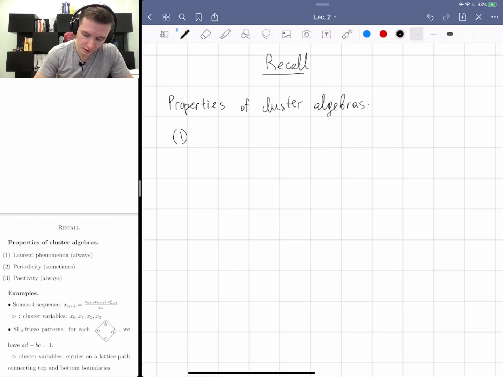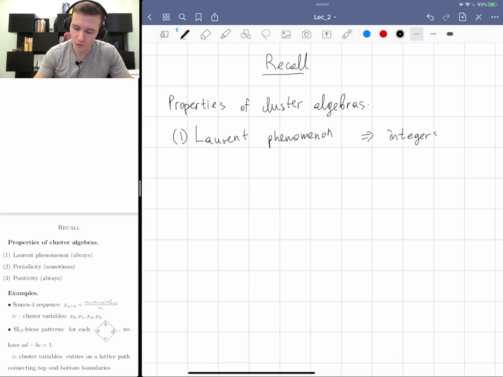The first property is the Laurent phenomenon, which in particular implies that if you plug in things equal to 1, then you get positive integers.